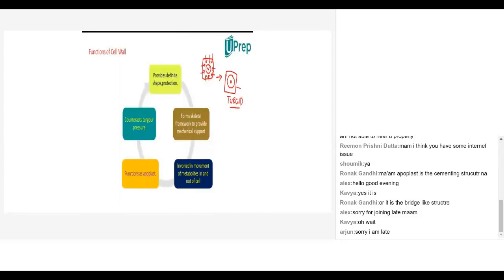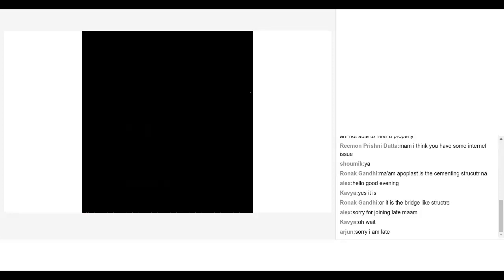In such a turgid cell, there is a possibility of lysis of the cell. Lysis means rupture of the cell, because the vacuole size increases and pushes the cell wall. As a result, the cell may get disintegrated or ruptured, ultimately resulting in the death of the cell, called lysis. So how can a plant avoid such conditions?